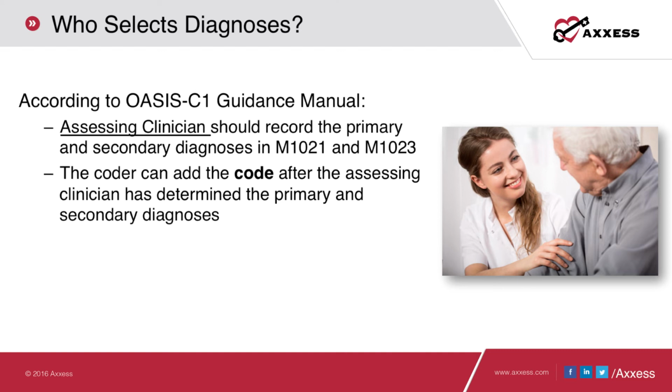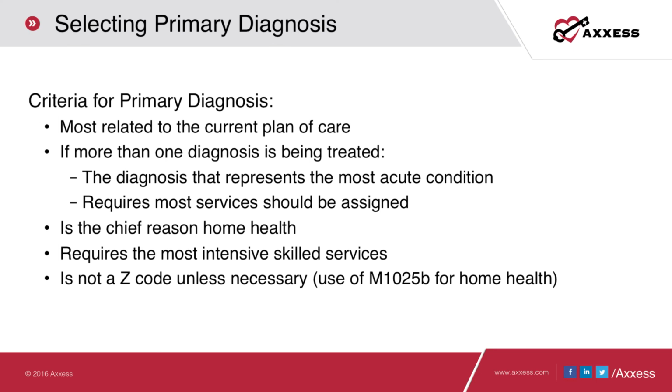That's all the responsibility of the assessing clinician to write the name of those diagnoses in. However, the coder can assign the code itself after that assessing clinician has determined the primary and secondary diagnosis. So if you don't know the code number and you're out seeing the patient, it's okay. Just write in the primary reasons and sequencing, and then the coder themselves can write the code down for you.